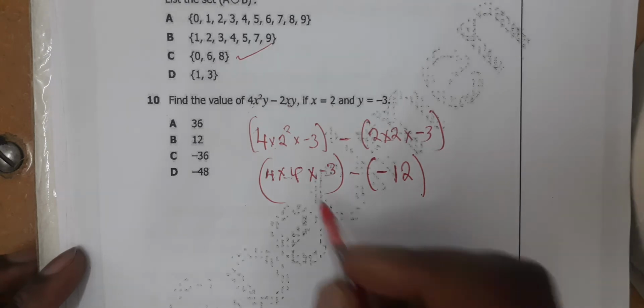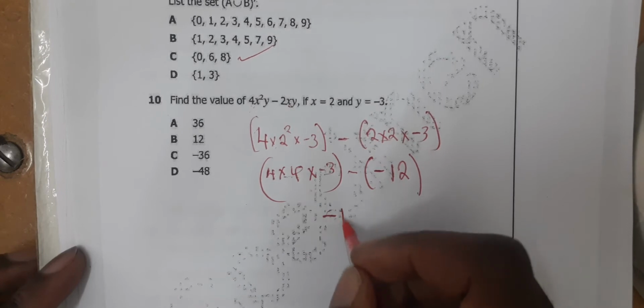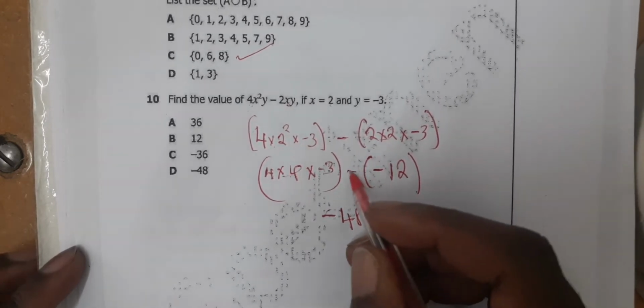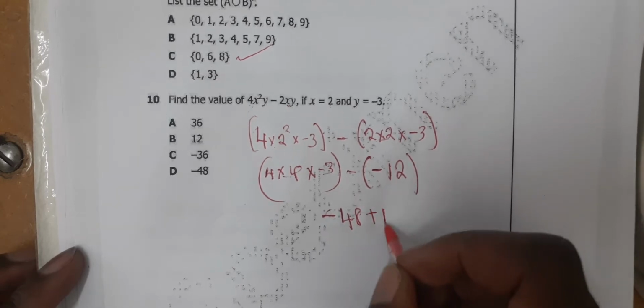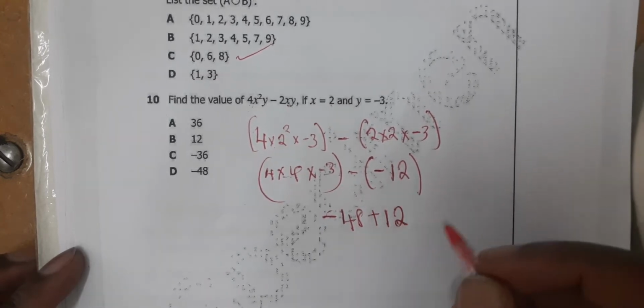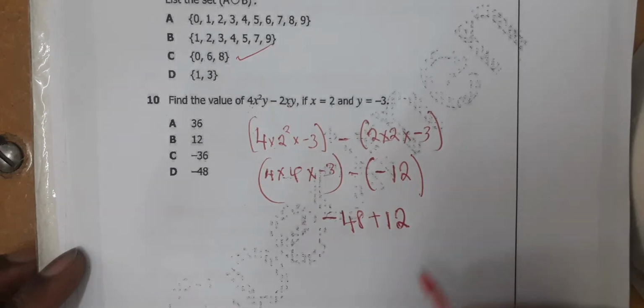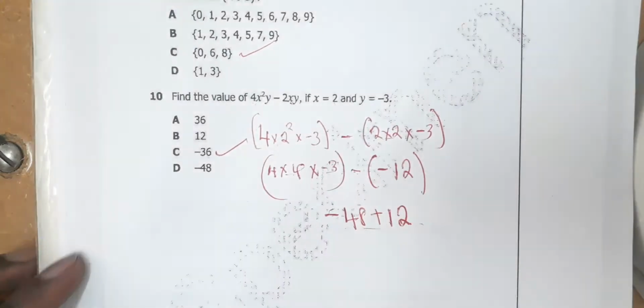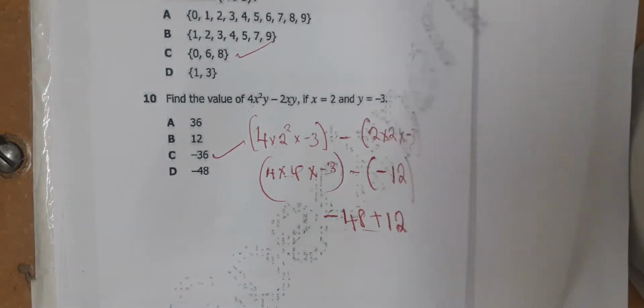What are we getting? This is going to give us -48. Then this and this will get a plus 12. When we add this, we're going to get -36. -36 is our answer.